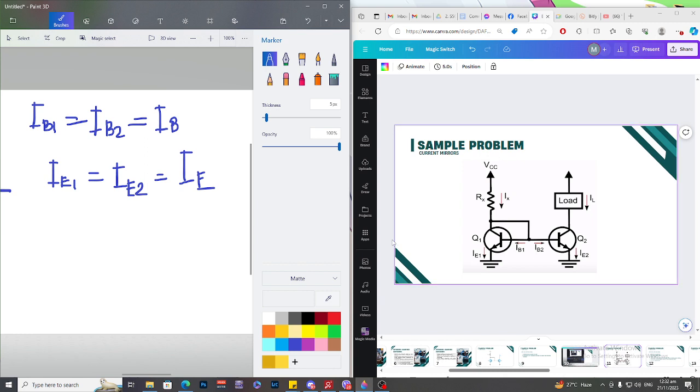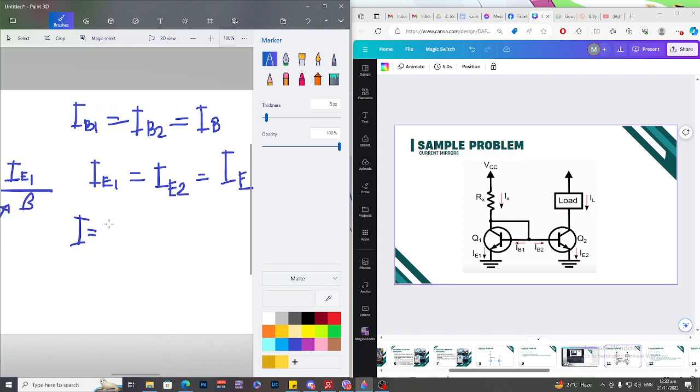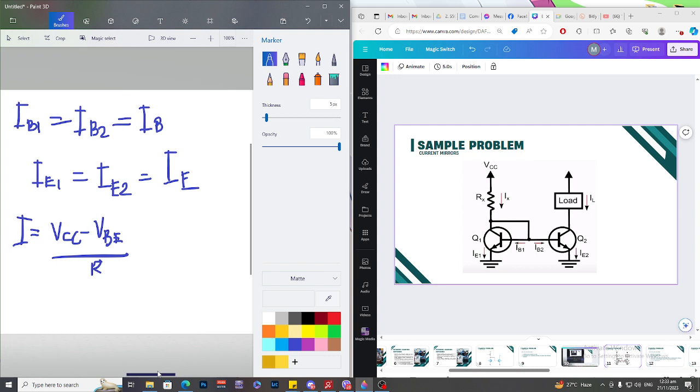Do you still remember the formula earlier, the I control? If you remember the I control, and this is also the mirrored current, the formula for that one is VCC minus VBE over the resistance, right? If you remember the previous problem earlier. So that is the formula for the mirrored current.